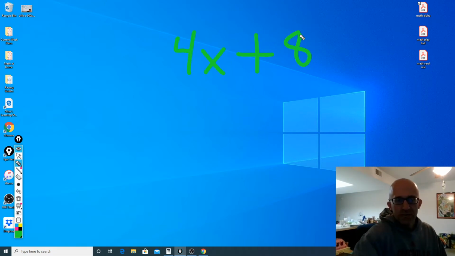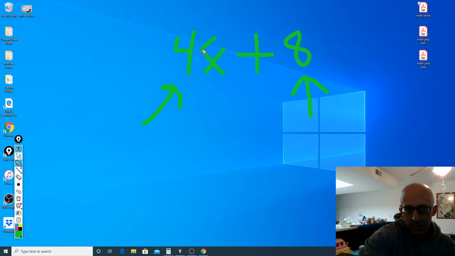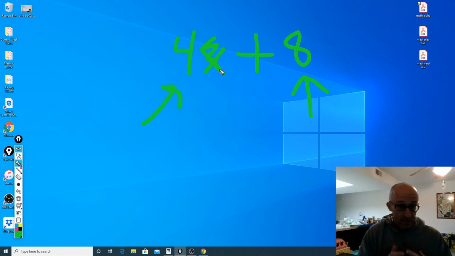The first thing you do when you're trying to factor is find the greatest common factor between 4x and 8. Here's a little tip: don't worry about the x when it comes to factoring. So let's take that off.